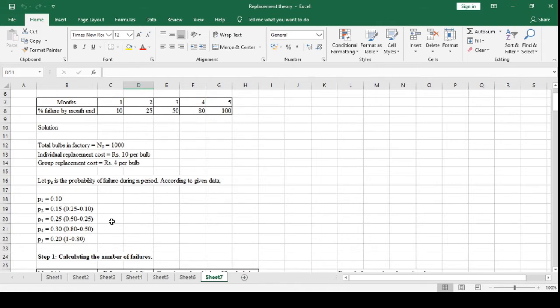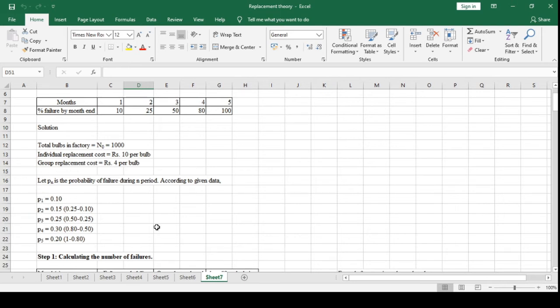Similarly, for the third month, 50 minus 25 gives 25, so we'll write down 0.25. For the fourth month, 80 minus 50 is 30, so we'll write down 0.30. And for the last month, 100 minus 80 is 20, so we'll write down 0.20. Okay, now we have the probabilities with us.